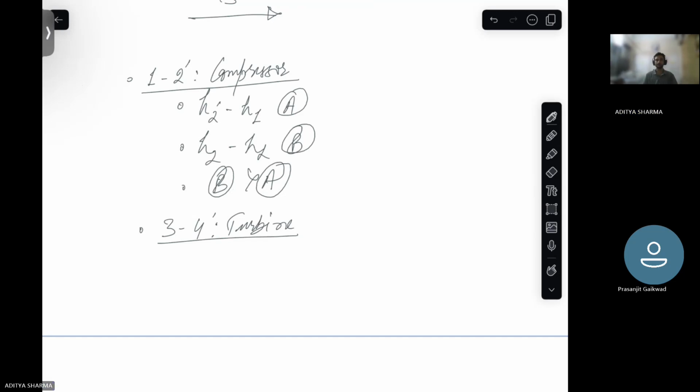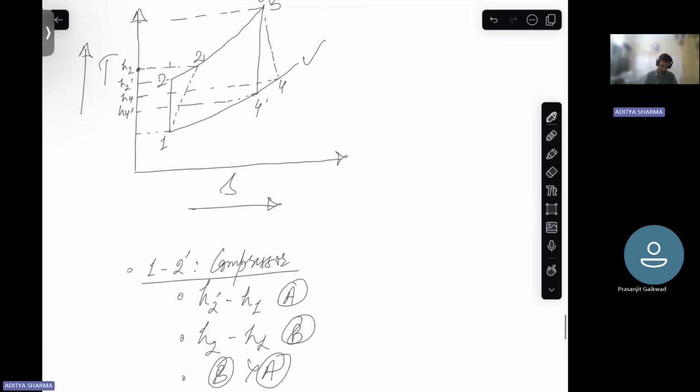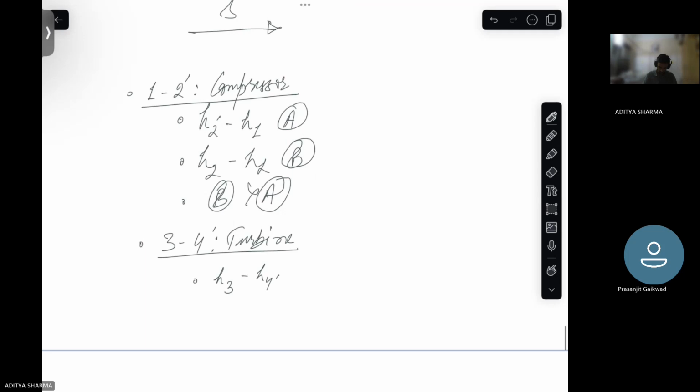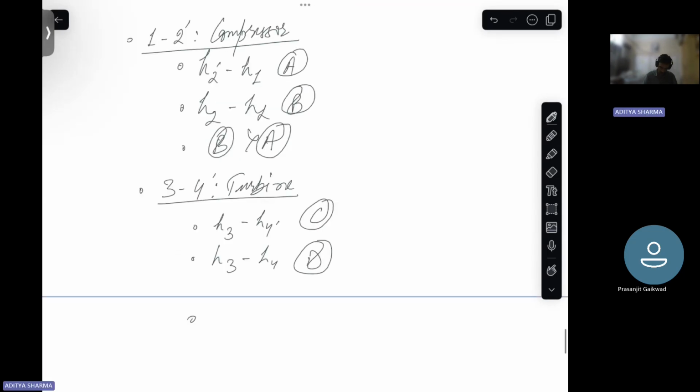This is your turbine. So the work output that we get ideally is H3 minus H4 dash. And in reality what we get is this; this is C, this is B. What happened is B is less than C.